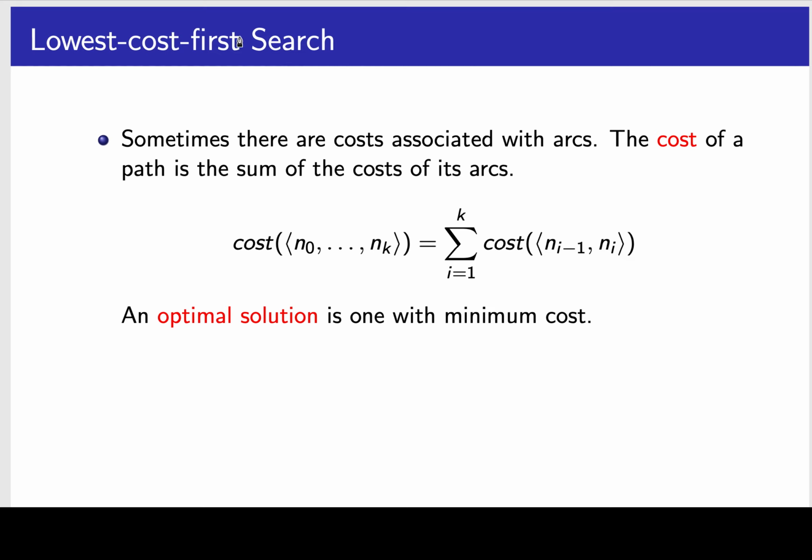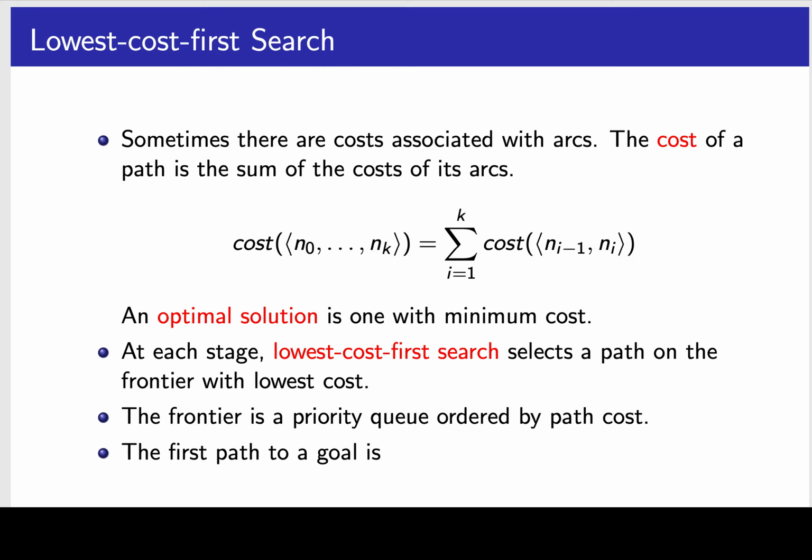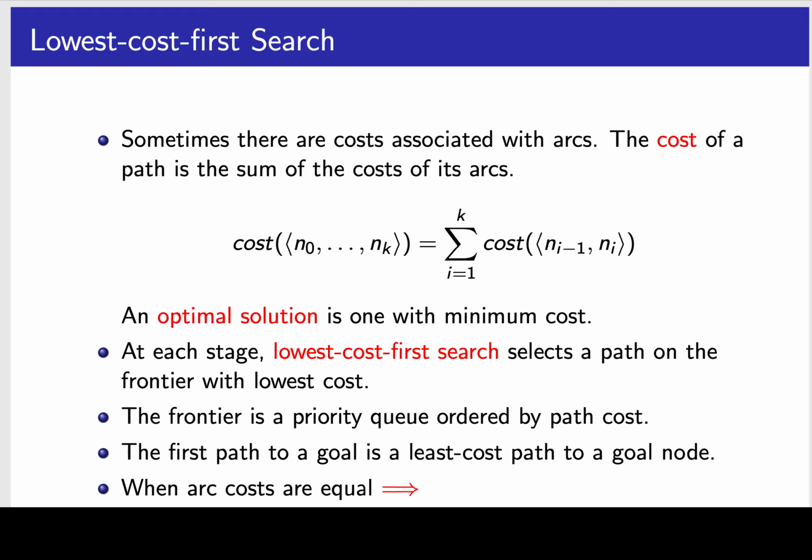An obvious algorithm here is lowest cost first search, which at each stage selects the path on the frontier with the lowest cost. The frontier is a priority queue ordered by path cost. If you do this, the first path to a goal is the least cost path to a goal node. And when the arc costs are equal, what do we get? We're going to talk about this on Tuesday.